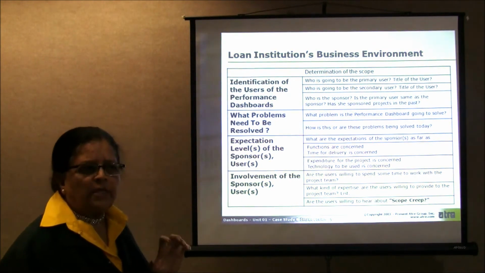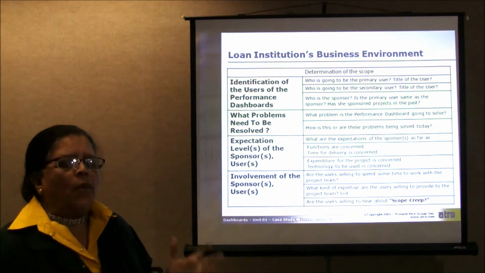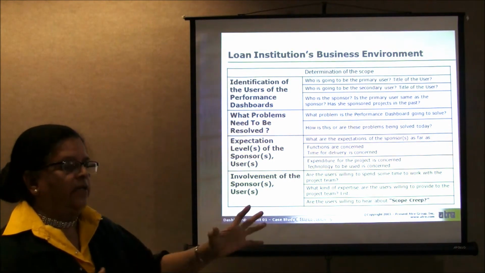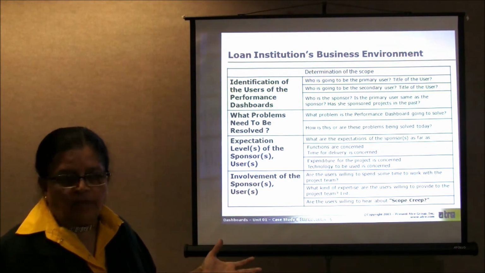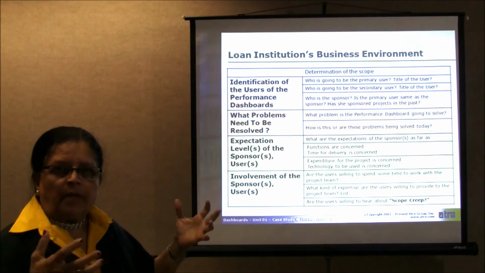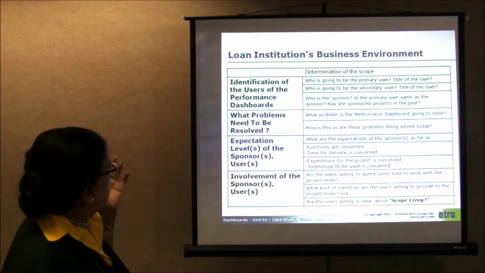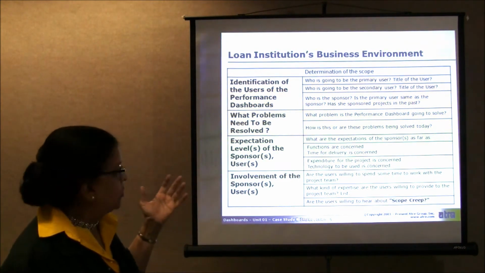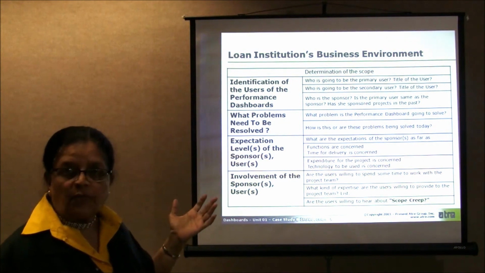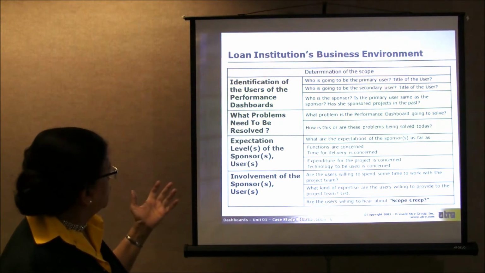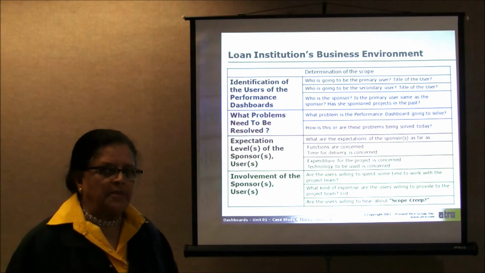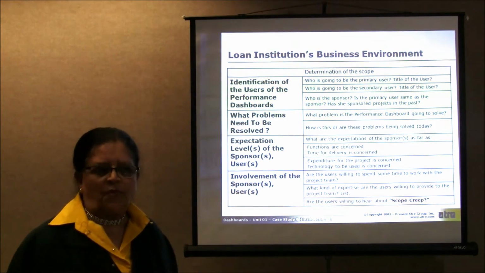Now we have to see what is the scope of this entire venture that we are getting into, developing a performance dashboard. So we have to identify who the users of this performance dashboard are. Then we need to see what problems we are going to resolve with it.